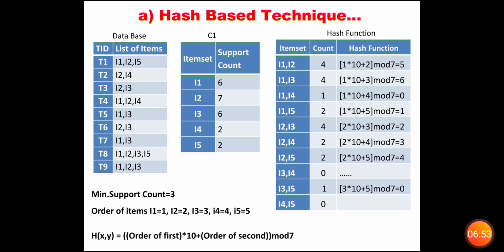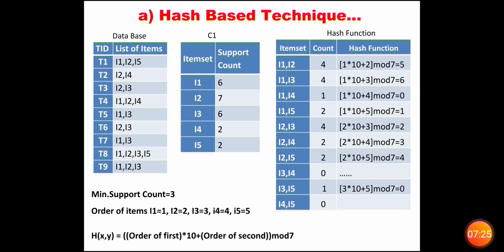All the possible combinations of 2 items will be found and placed in the hash table: I1 I2, I1 I3, I1 I4, I1 I5, I2 I3, I2 I4, I2 I5, I3 I4, I3 I5, I4 I5. These are all the possible combinations of 2 item sets, taken from the item sets in C1.